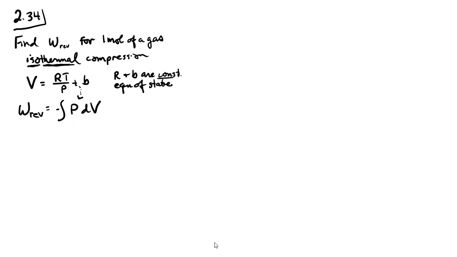Our equation of state is given to us in terms of volume. And so what we're going to have to do is take our equation of state and rearrange it.